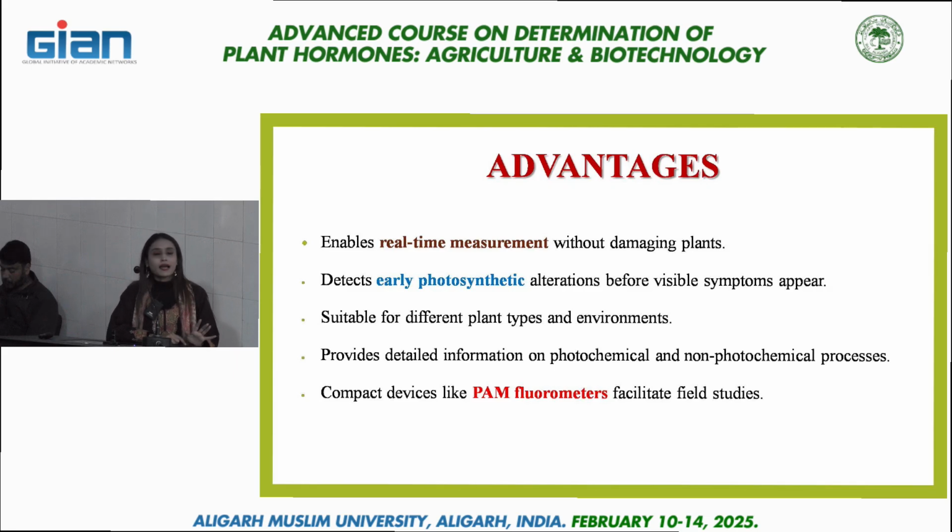It is suitable for different plant types and environments. We can study different plant varieties or species, and in different environments also. It provides detailed information on photochemical and non-photochemical processes. Apart from that, it is a compact device and can be easily used in field studies. So this is a brief about Junior PAM.